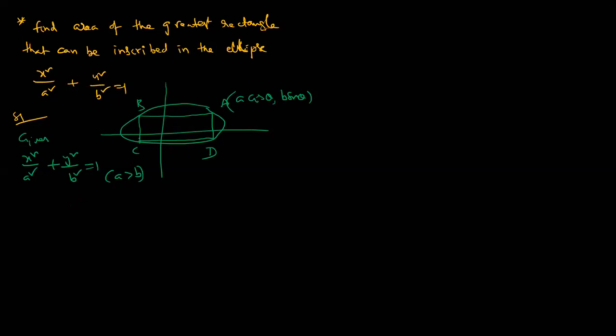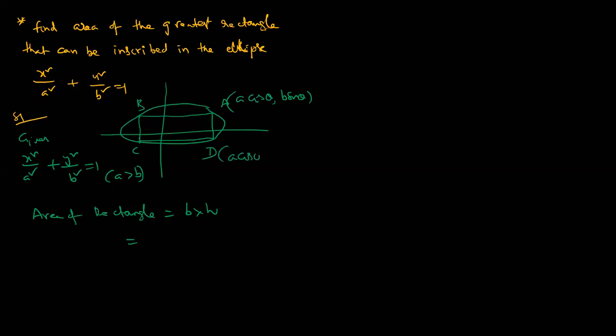Now, anyone, area of the rectangle? How to find the area of the rectangle? Base into height. What is the base? What is the height? What is the length of AD? Can you guess this one?